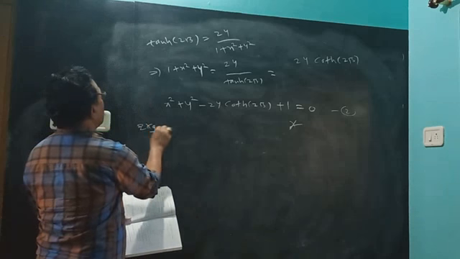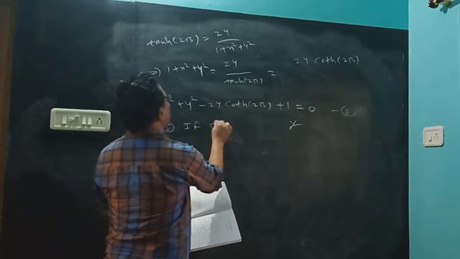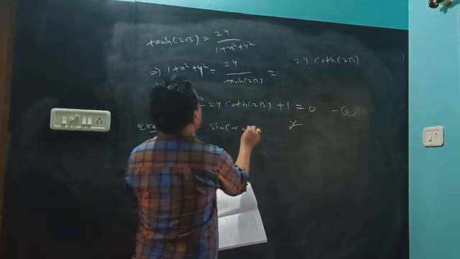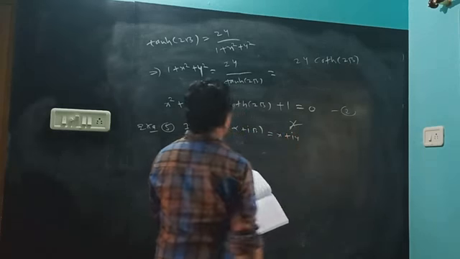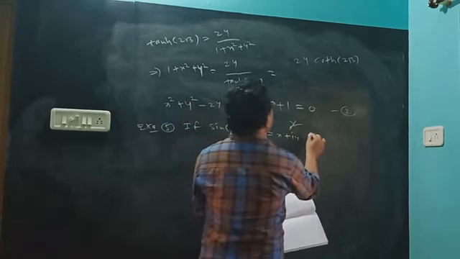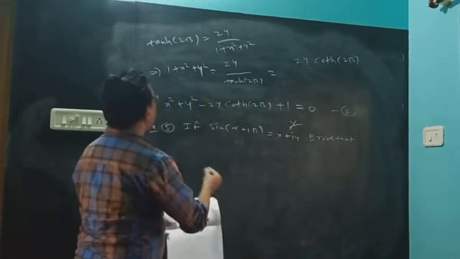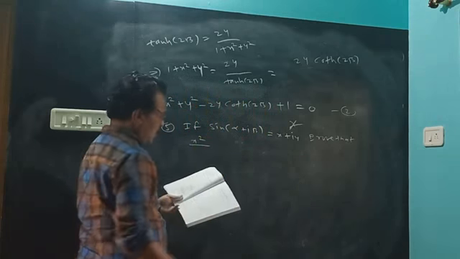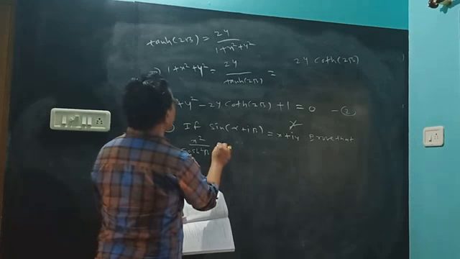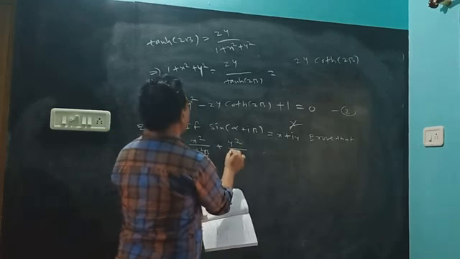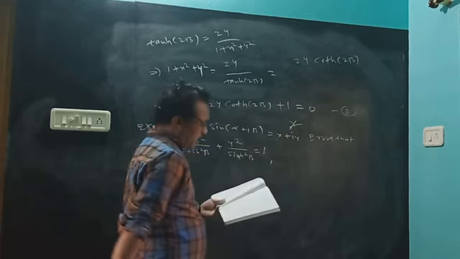Next, if sin of alpha plus i beta equals x plus iy, then prove that x square upon cosh square beta plus y square upon sinh square beta equals 1.